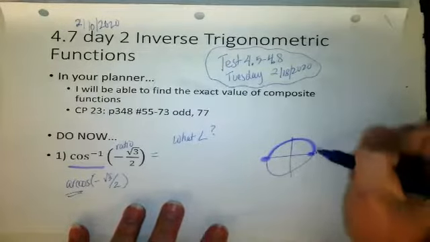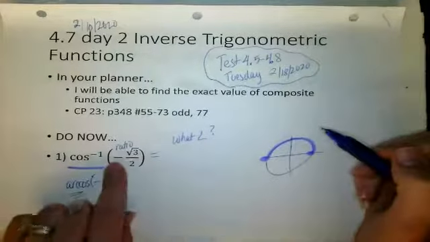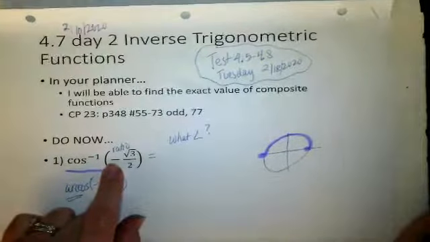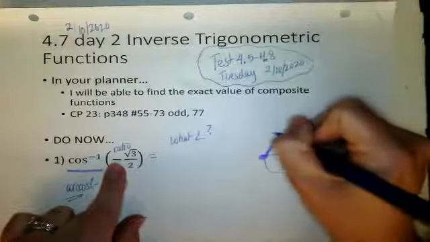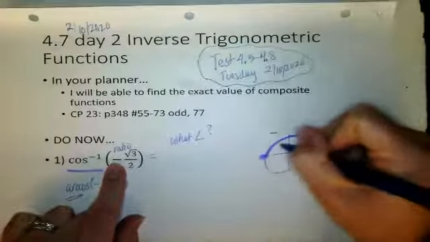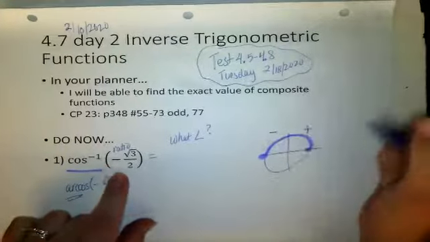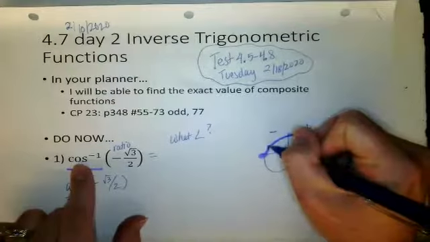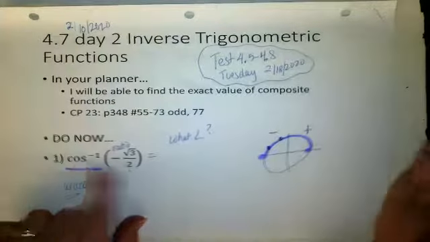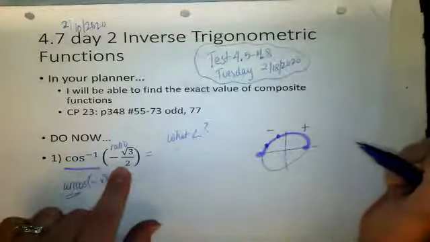So our cosine inverse uses the top half of the unit circle. This ratio happens to be negative. Where should we look for our angle? The left side over here. Cosine is negative in quadrant 2, positive in quadrant 1. Cosine is the x coordinate, so we're looking for the x coordinate that's negative root 3 over 2.